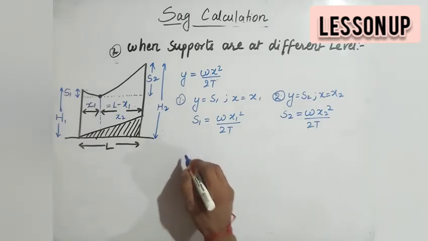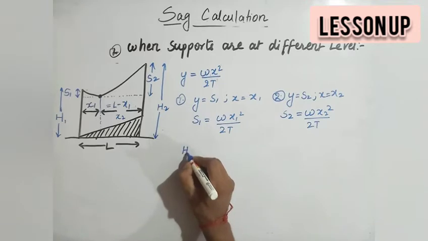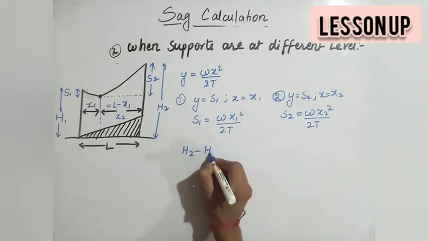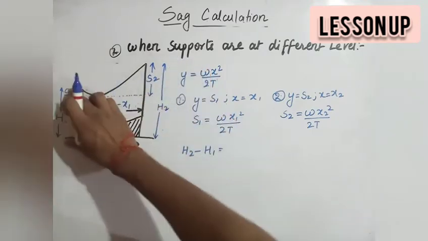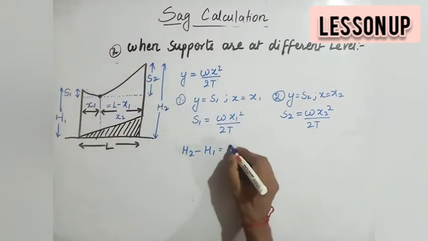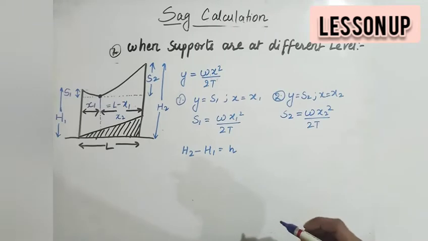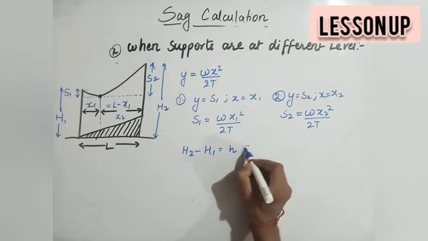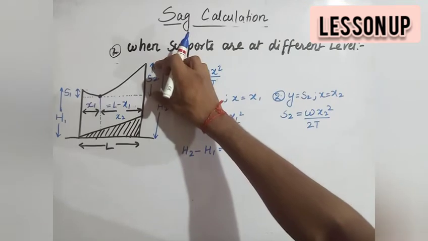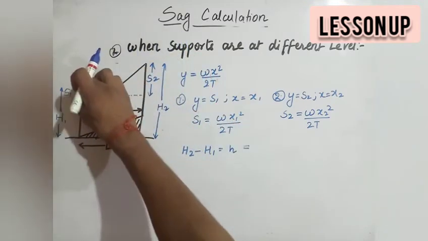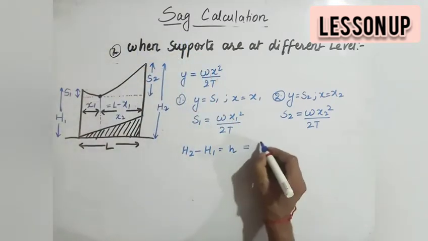Now if I write h2 minus h1, which is the height of this support minus the height of this support, is equal to h, which should be equal to the height of this sag minus the height of this sag.